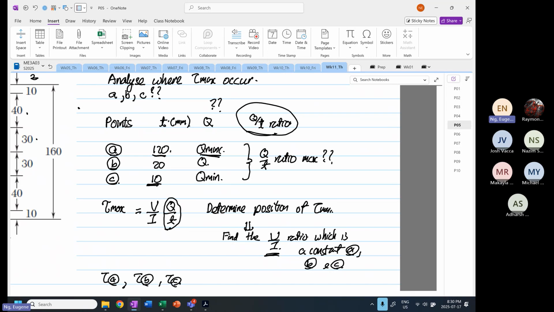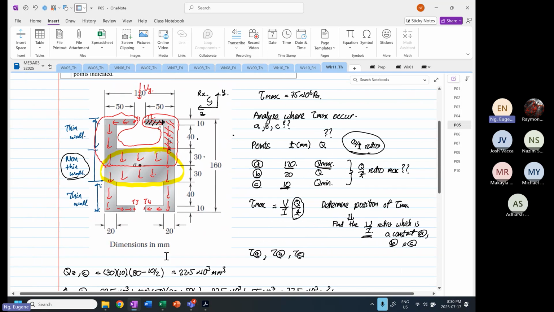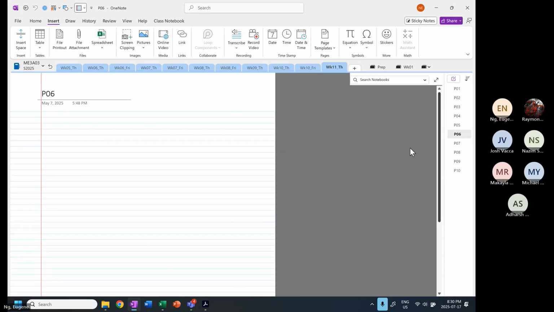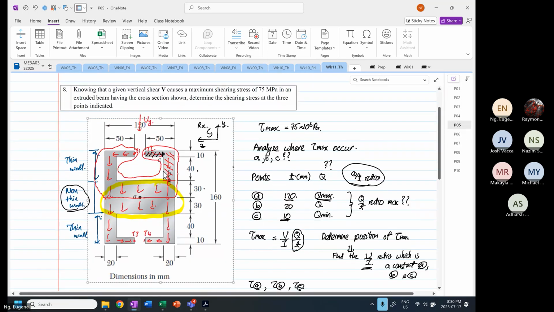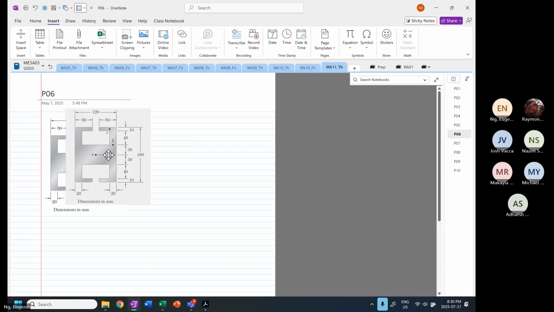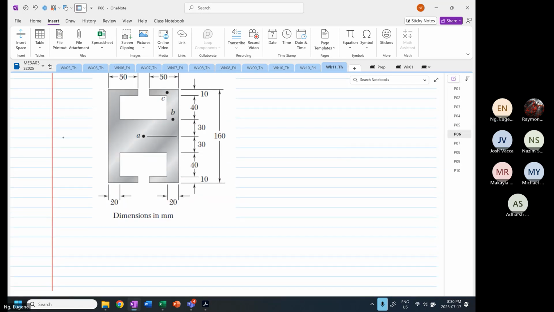Now, I'm going to do something different from the homework. Okay. Now the thing is, what if? Okay, I'm going to copy the whole thing again. The question diagram. What if now VZ?